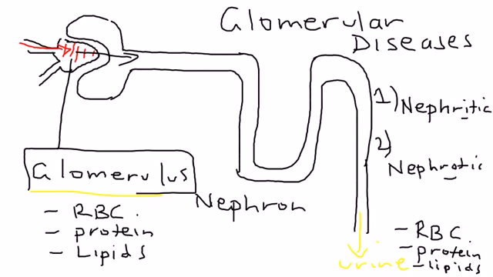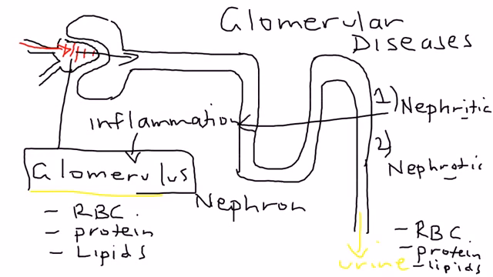Nephritic refers to inflammation here. So that's nephritic. And that glomerular inflammation can lead to red blood cells and protein passing through and getting into the urine.